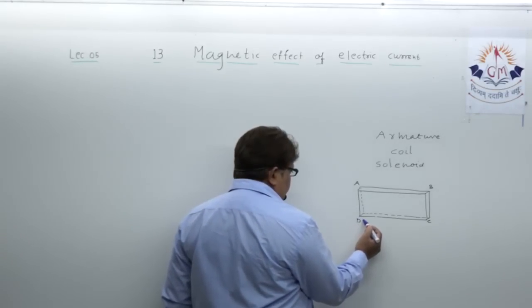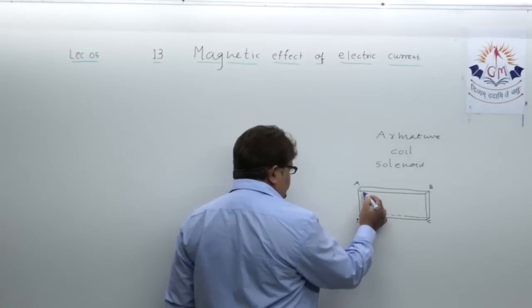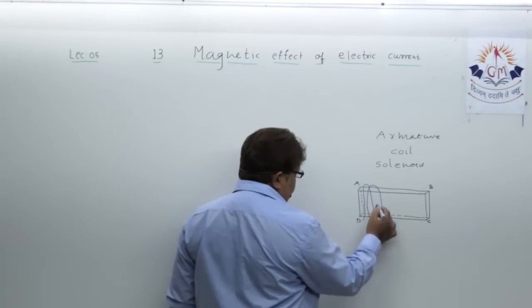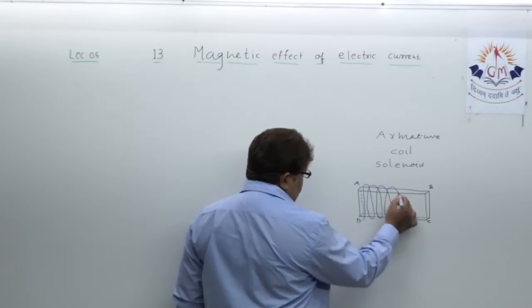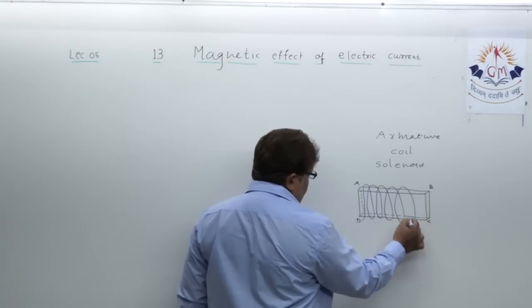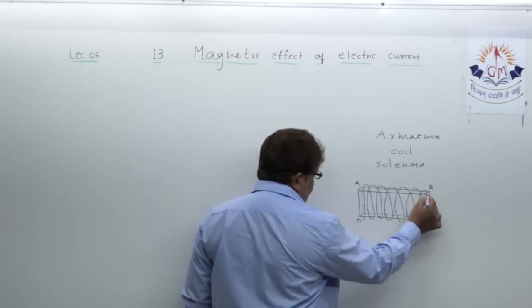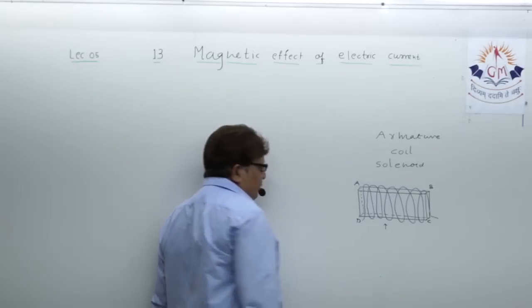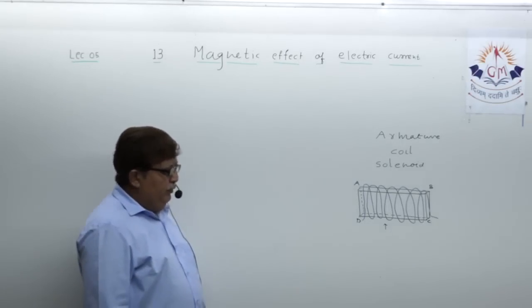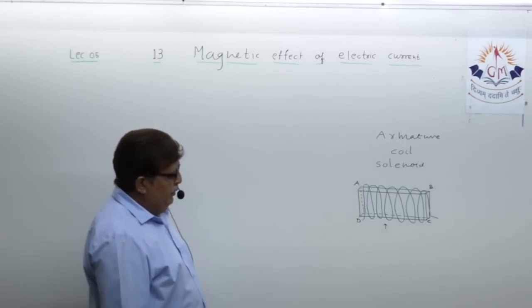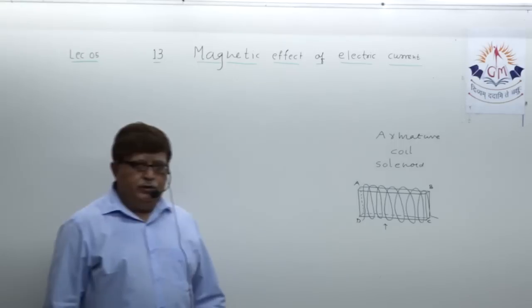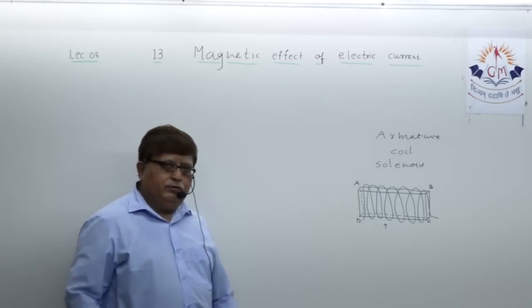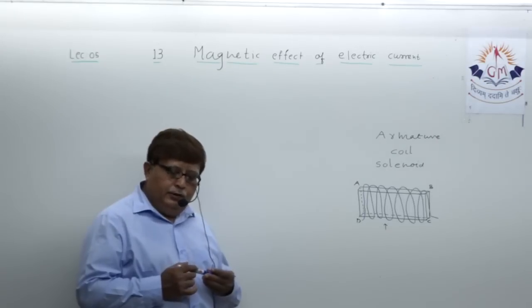An insulated copper wire is wound around this hollow rectangular soft iron piece. This arrangement, which is realized here, can be called an armature, coil or solenoid.